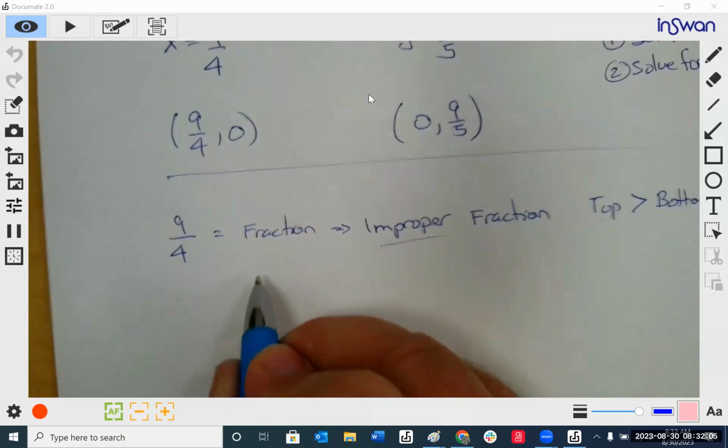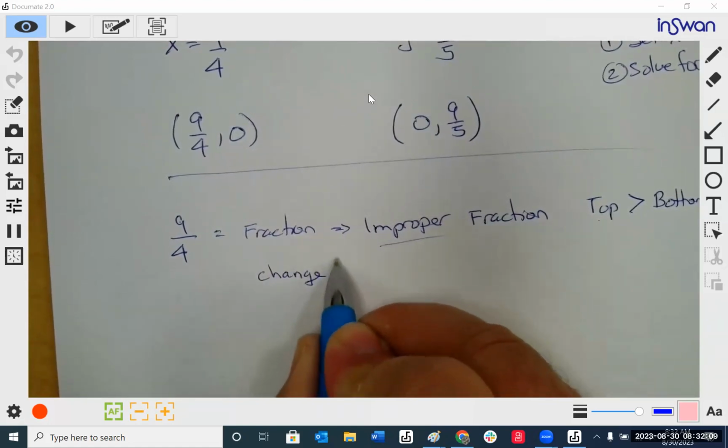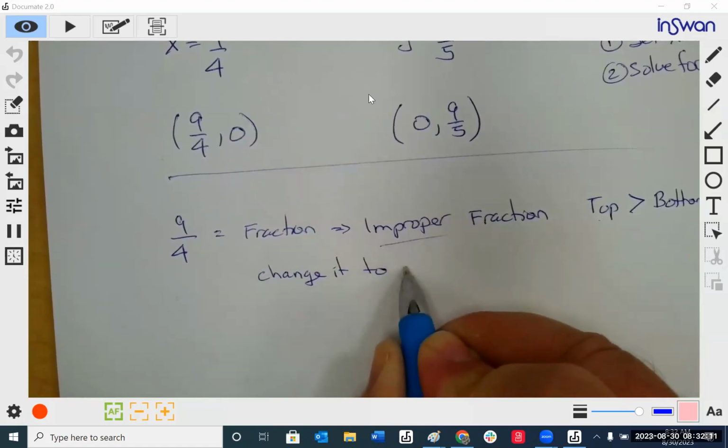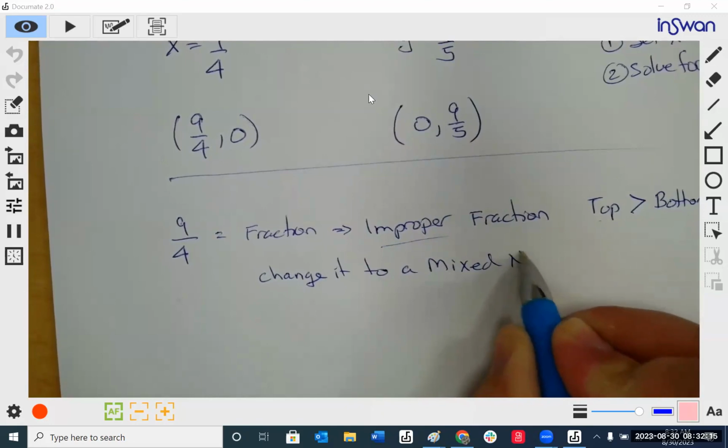So what we have to do here is change it to what's called a mixed number.